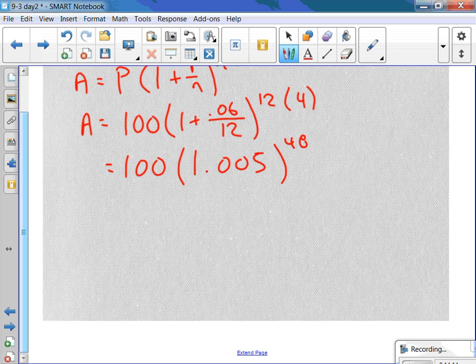What are we doing here in this particular problem? We're putting $100 in. So it's the first month I go there, I put $100 in. And it's going to accrue interest for how many months? For 48 months. The next month I go in there, I put $100 in. It's going to accrue interest for 47 months.